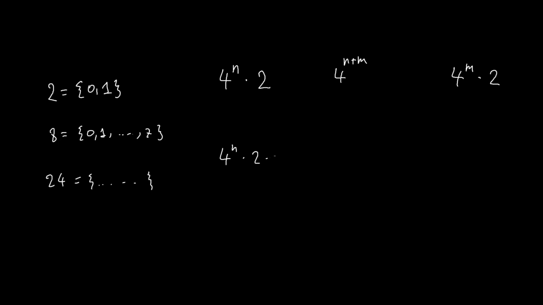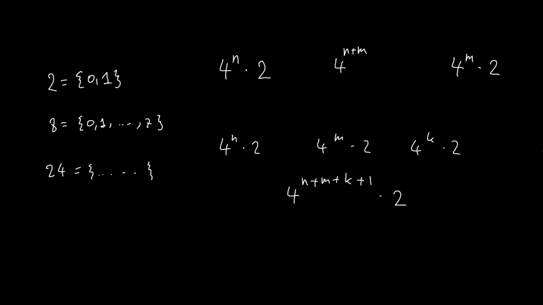But the product of three things will always be there, right? If I take the product of three things, I'll get 4 to the power n plus m plus k plus 1 times 2, right?